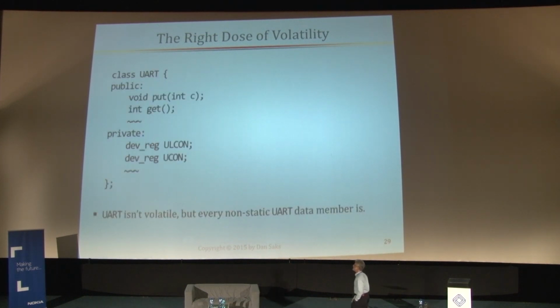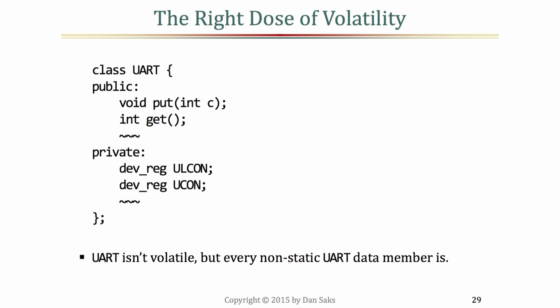And so you wind up with nice, clean, simple code, and the volatility is just a part of every one of those members. So although UART itself isn't a volatile type, the net effect is that it behaves like one because every one of its data members is volatile, which is just as good. Simple, clean. I think this is the right way to package volatility into these things.